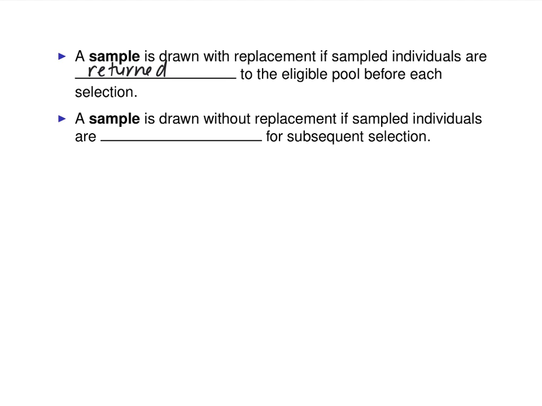A sample is drawn without replacement if sampled individuals are not returned for subsequent selection. Yes, returned and not returned. Added back to the pool.